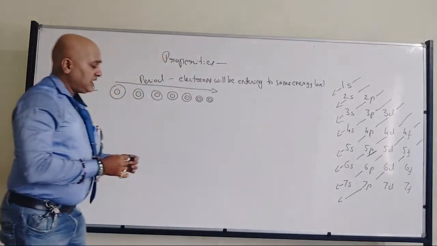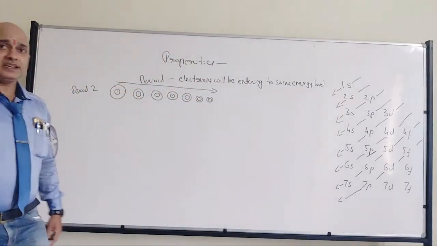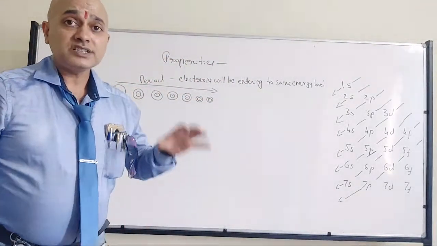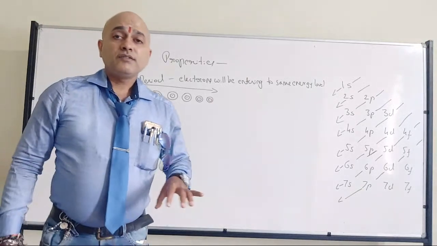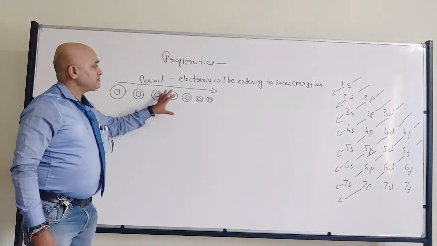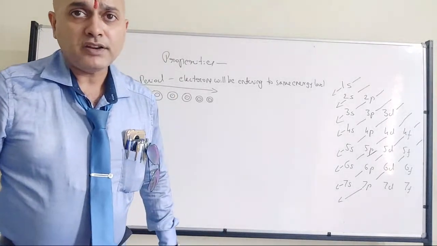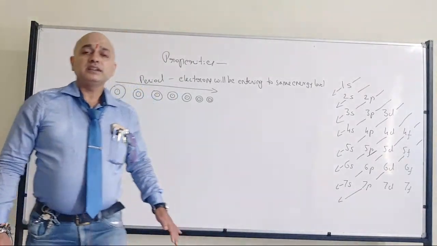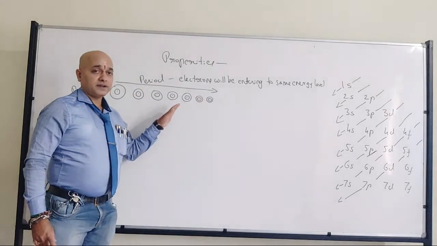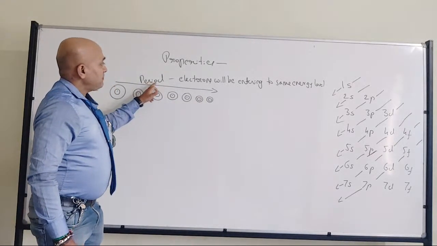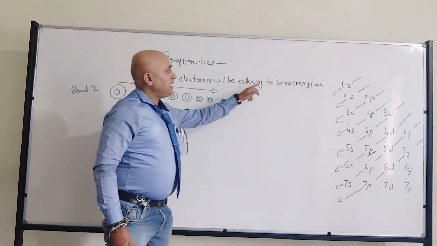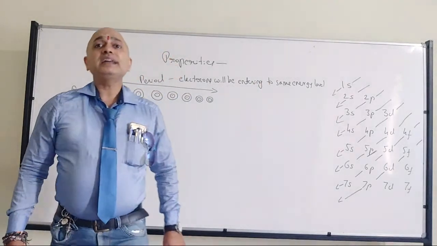All of you will agree? When I am talking about the period, try to understand these things. Fine. If you understand these points, then you can answer anything in the classification of elements topic. So in the period, electrons will be entering into the same energy level.